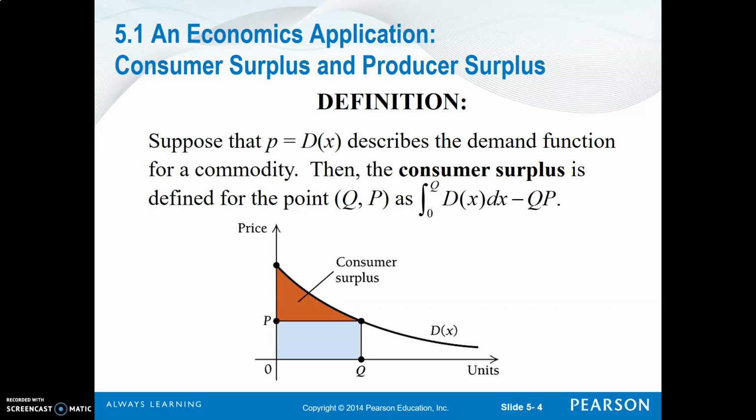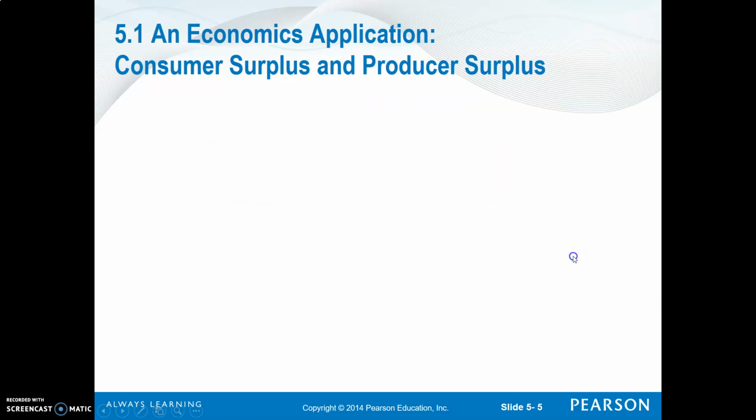And then the last part of this surplus equation is you subtract the actual amount that you spent. So Q is the quantity, however many I choose to purchase, and P would be the price that I actually spent per item. So I integrate the expected function and then I subtract the actual price that I spent times the total number I bought. Let's see a tangible example of this.